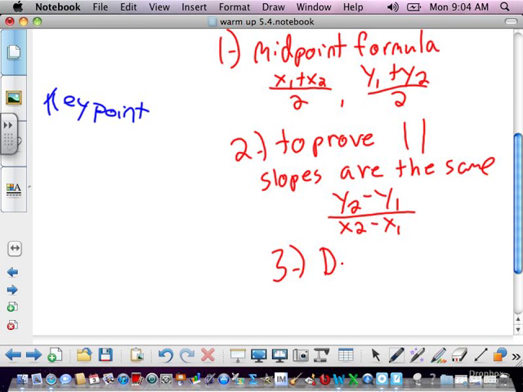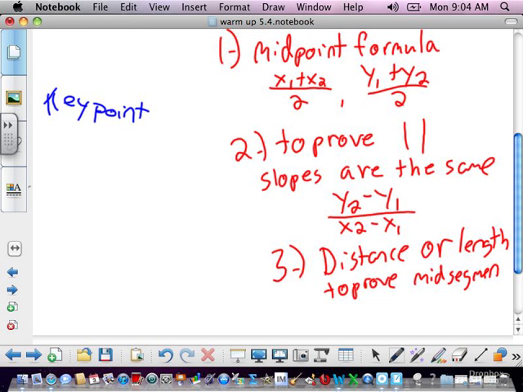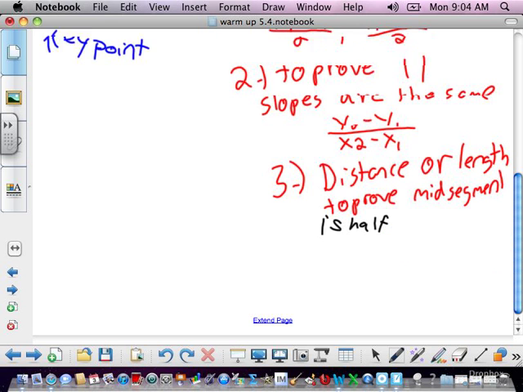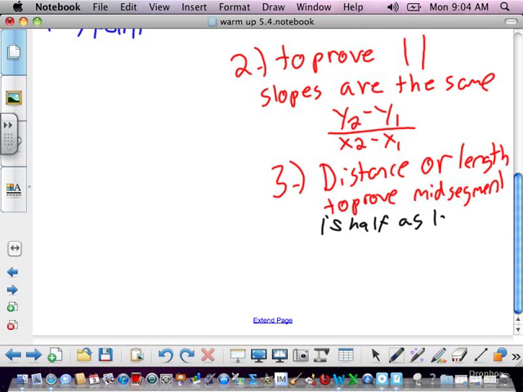And my third key point is distance or length, to prove a mid-segment is half as long as the third side.